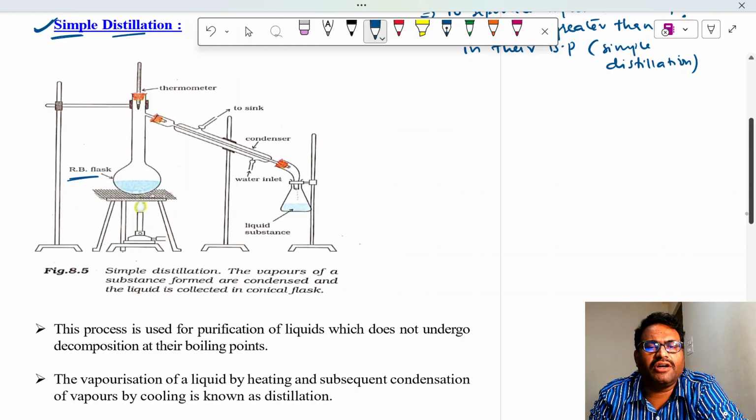RB flask means round bottom. The bottom must be round, then it is called a round bottomed flask. In this we are taking two liquids whose boiling points differ by greater than 20 degrees centigrade.